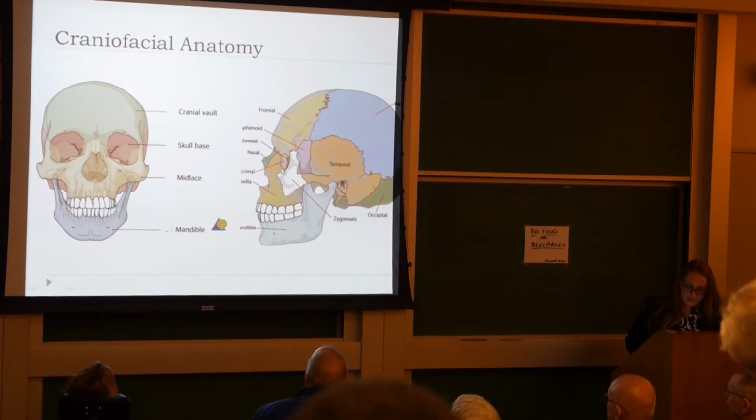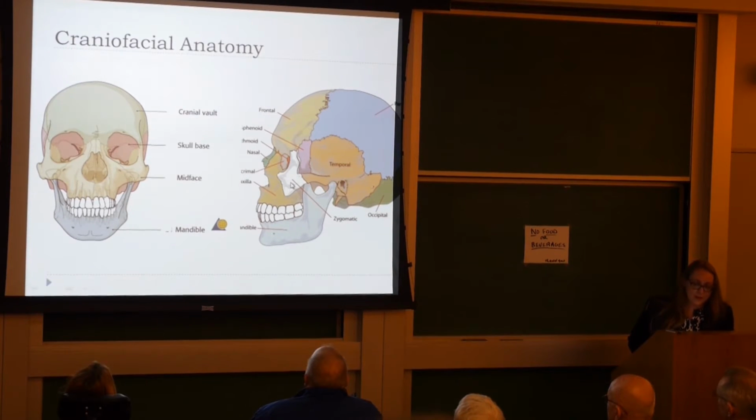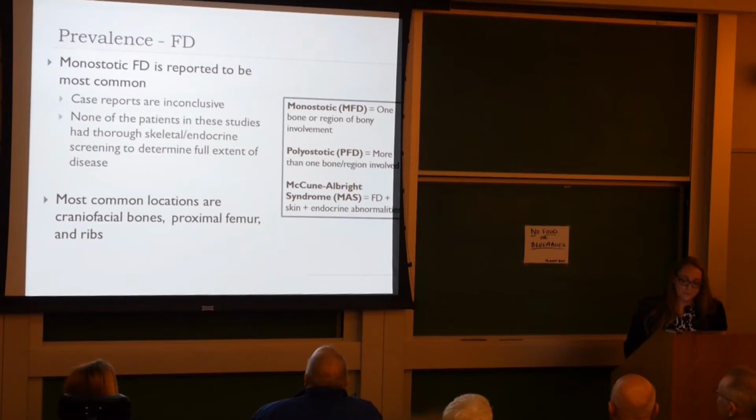In yellow, in this picture, is the maxilla, or the upper jaw. In blue, on the bottom, is the lower jaw, or the mandible. And here, in white, is a bone called the zygoma, and that's the bone that gives your cheek the structure, your high cheekbones.